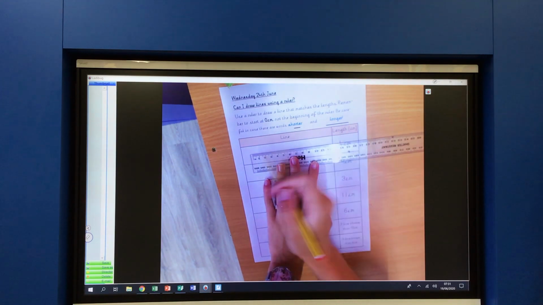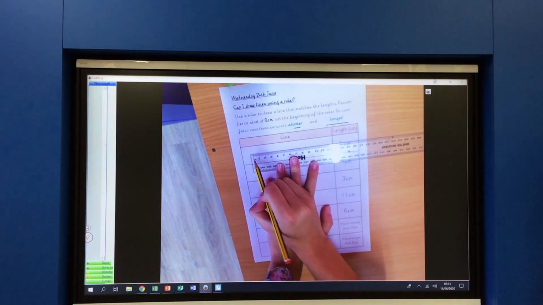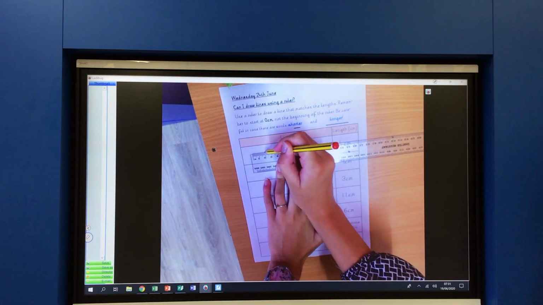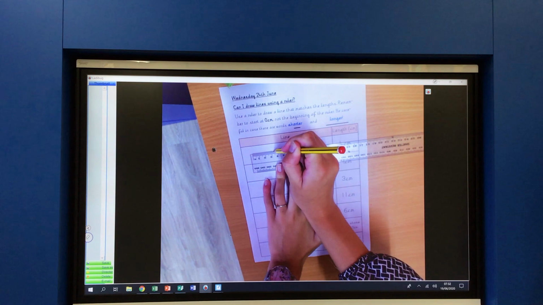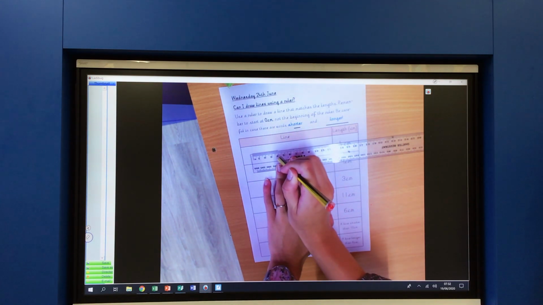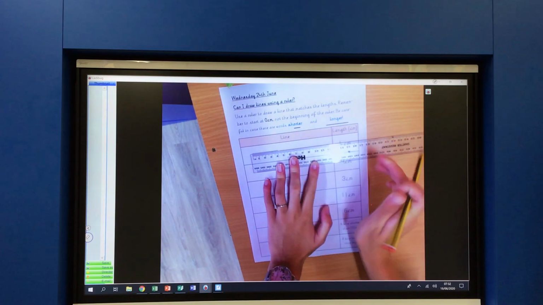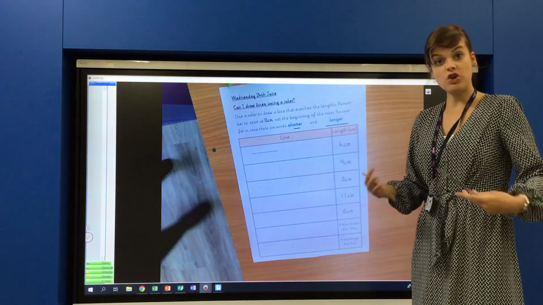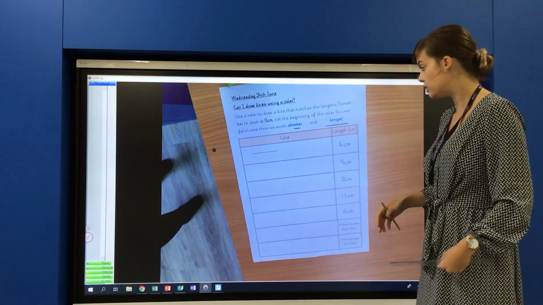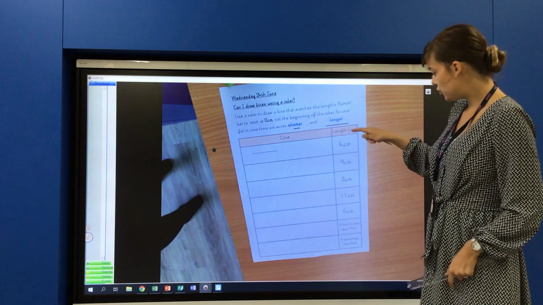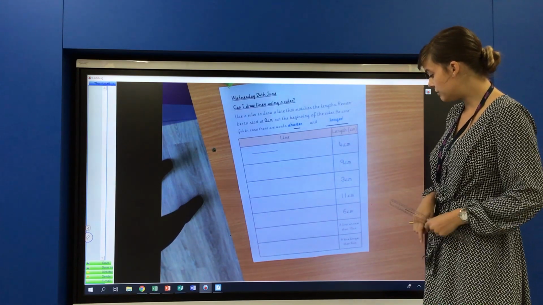So I know I've got to start at 0 centimetres, and I'm going to draw a line that measures 4 centimetres. So 3, 4. I know that's 4 centimetres because I'm looking at my bigger number that represents my centimetres. So you can just have a go, and you're actually going to draw now. You're going to draw these lines. So you're using quite a few skills here. And could you please do that for all of these measurements?